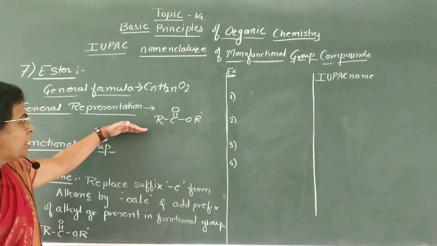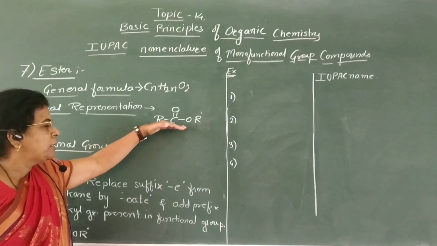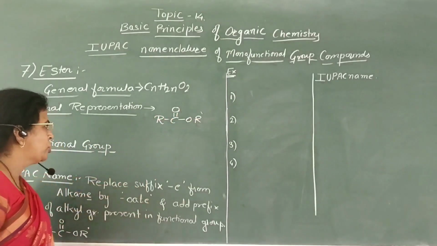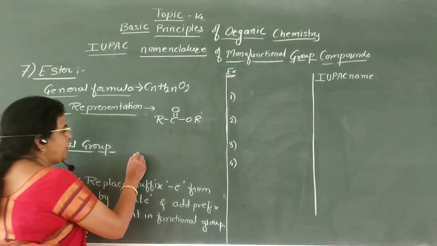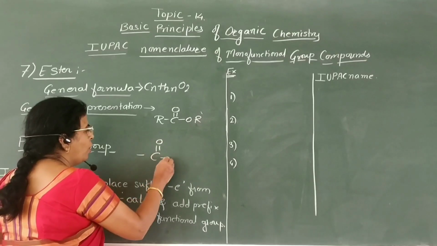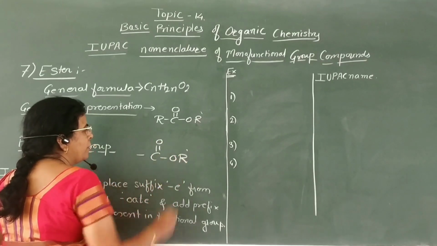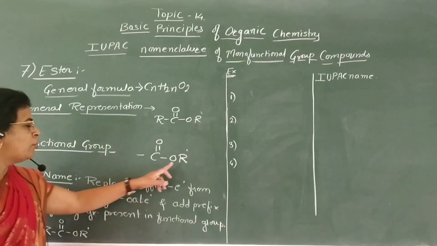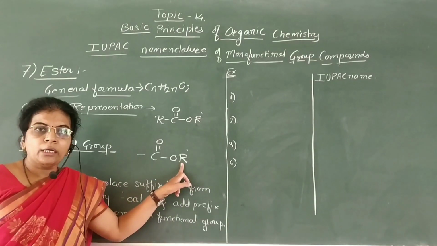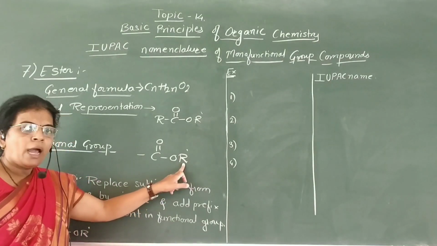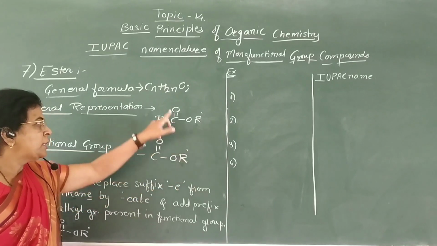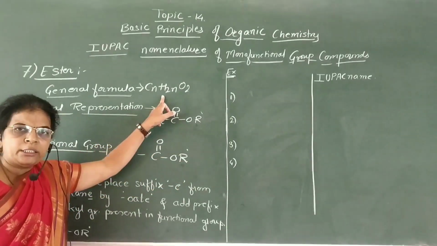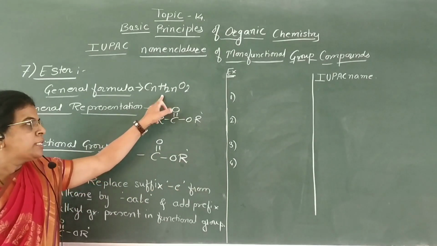Functional group of ester is COOR. Therefore, the general formula of ester and carboxylic acid is similar.